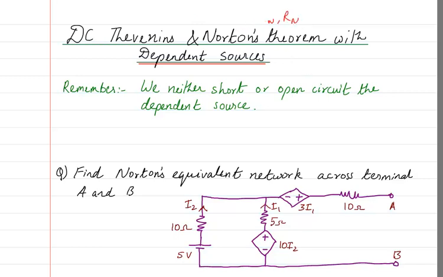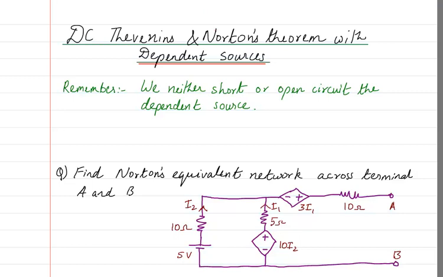Now when we are having the condition of dependent sources, whether you do Thevenin's or Norton's, you have to calculate both VTH and IN, and based on that we will get RTH and RN. Why? That we will see once we do the problem.